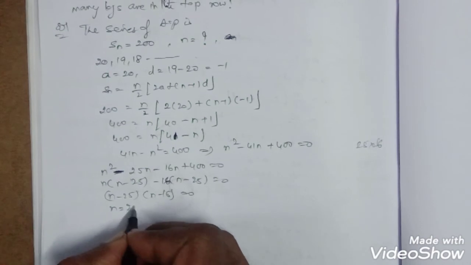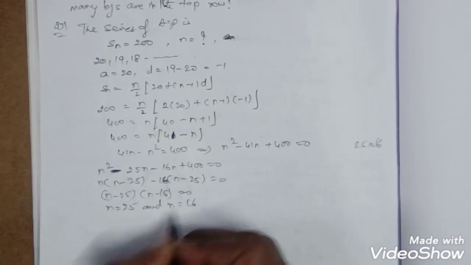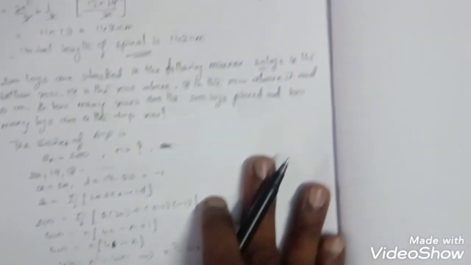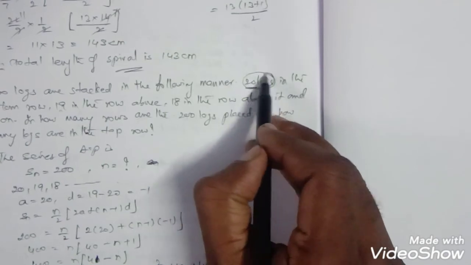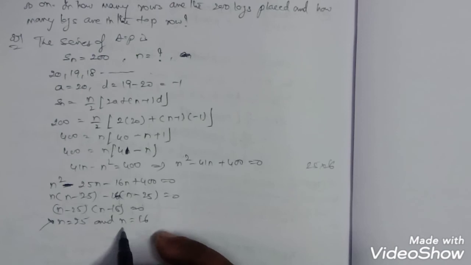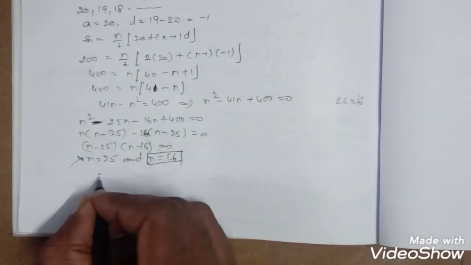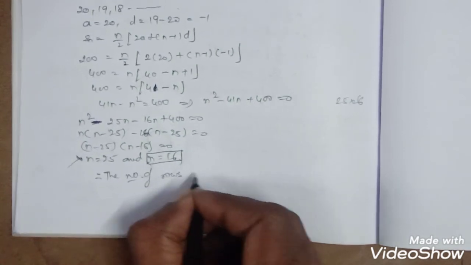So n is equal to 25 and n is equal to 16. Since in the bottom row you have only 20 logs, we cannot consider 25. So the answer is the number of rows is equal to 16. So here, therefore, the number of rows is equal to 16.